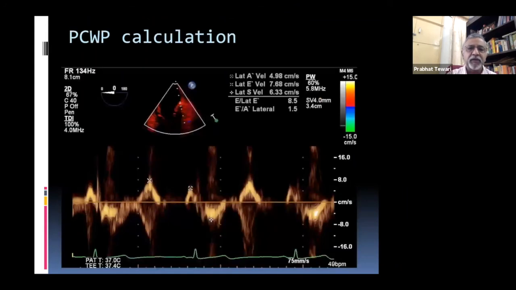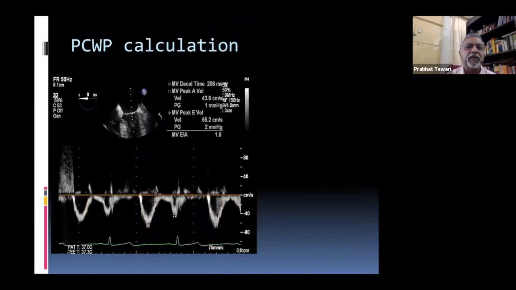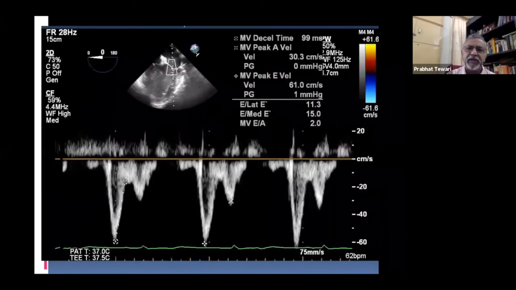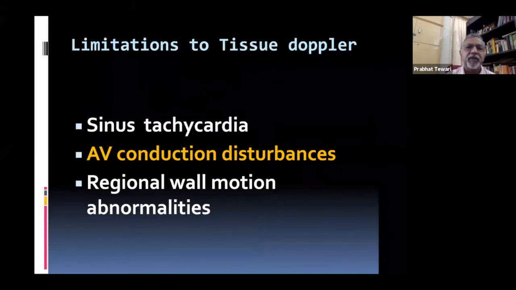And it has held good in various studies, it has found to be a good parameter to look into. Now, I have shown you how you calculate the pulmonary capillary wedge pressure, and you can actually make out what's happening. So it was 13. So you keep on doing it.